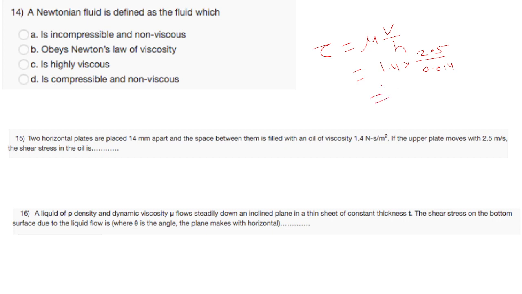How much are you getting? I think I have calculated 1.4 into 2.5 divided by 0.014. I think the option is 250.